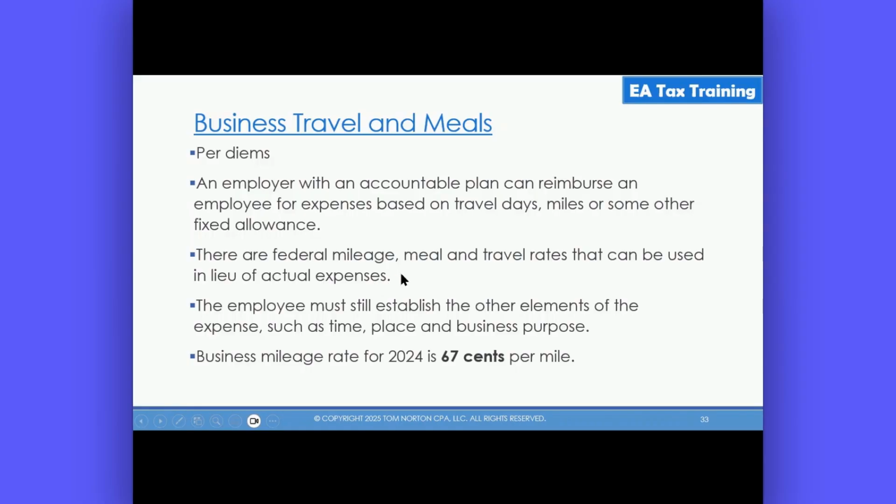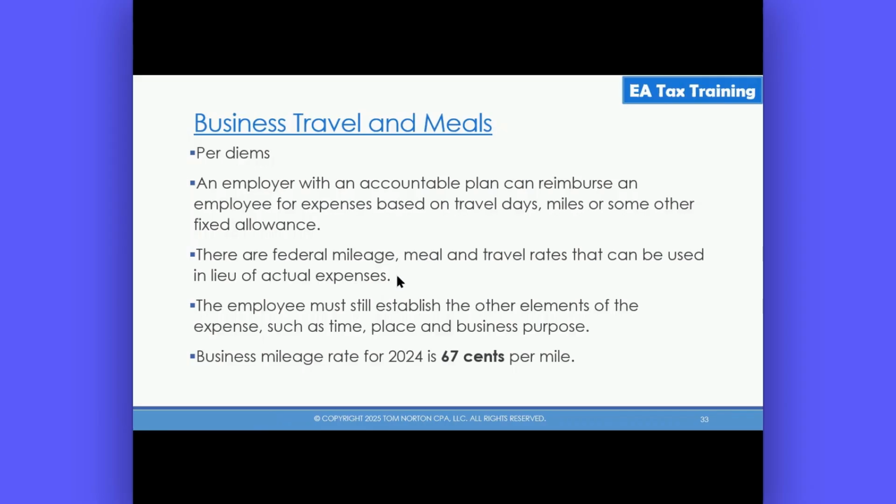So in other words, they can say, instead of you giving us receipts for everything, we are just going to pay you this much per day for meals. We're going to pay you this much per day for a hotel. And if you can find a cheaper place and you can eat cheaper meals, then you get to keep the extra and it's not included in your income or anything like that.